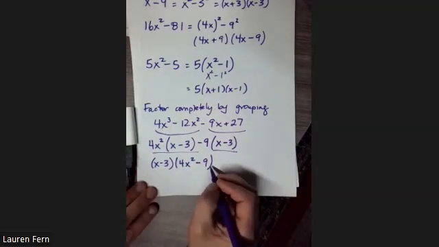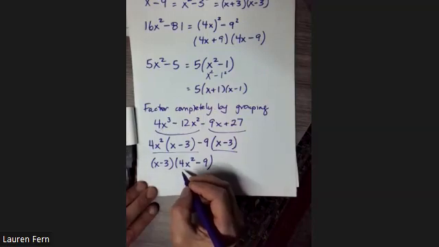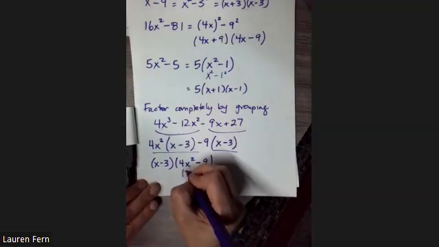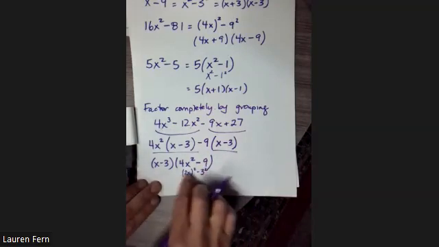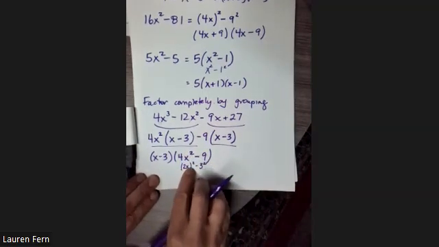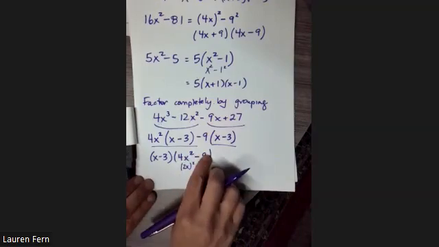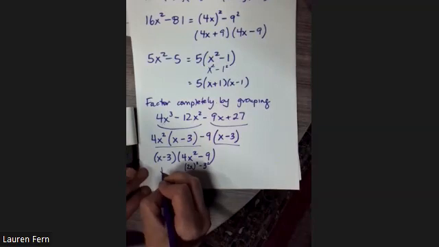But I claim this is not fully factored. Okay? This second term, I claim, is the difference between 2 squares. Right? 2x quantity squared is 4x squared, and 3 squared is 9.